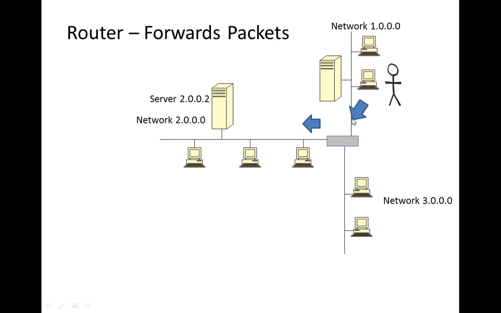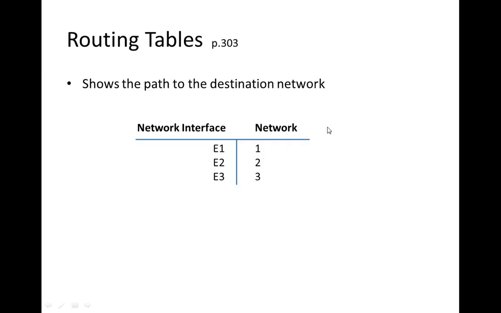That wouldn't make any sense. What the router is going to do is read the network ID on the packet header, and it'll see that the packet is destined to server 2.0.0.2, so the router will forward the packet to network 2.0.0.0. A router reads the packet header and forwards packets.